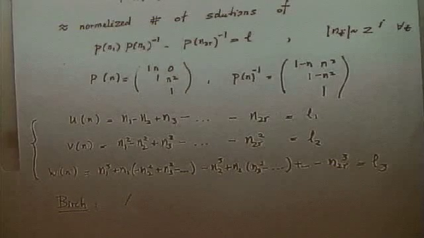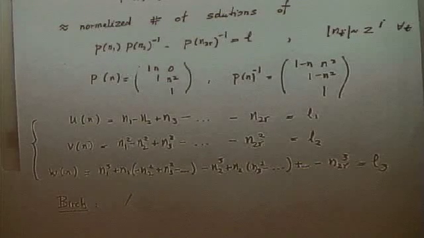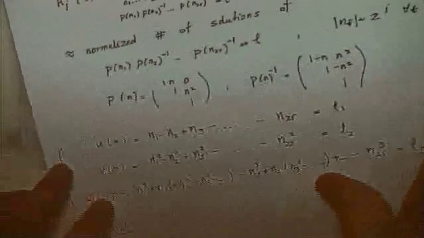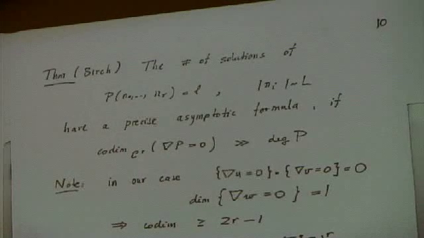Indeed, there is a beautiful theorem in number theory that goes back to Birch in 1965, which I didn't want to write down completely precisely, just essentially what it means. It's first for one polynomial.